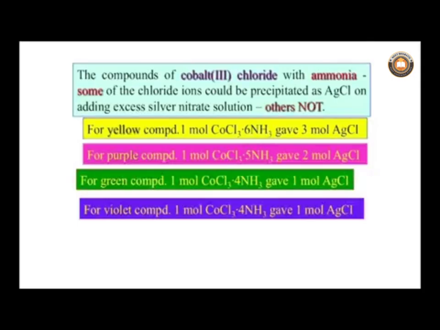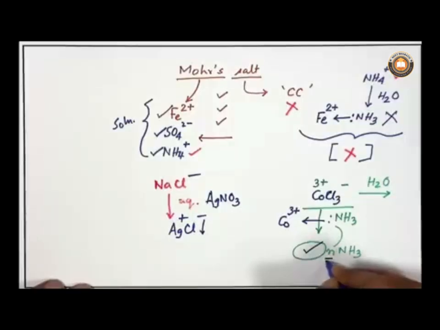When cobalt(III) chloride reacts with ammonia in a different stoichiometry or under different reaction conditions, the number of ammonia molecules reacting with the cobalt(III) chloride can differ, and depending on this, we can have different colors.